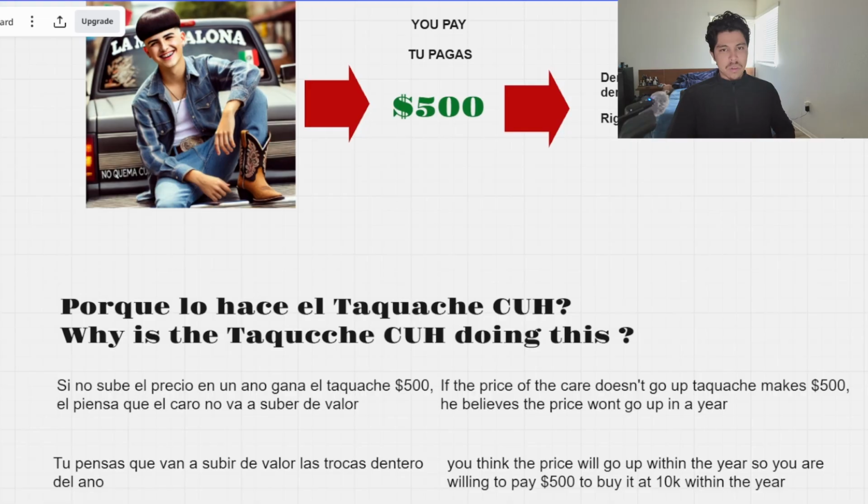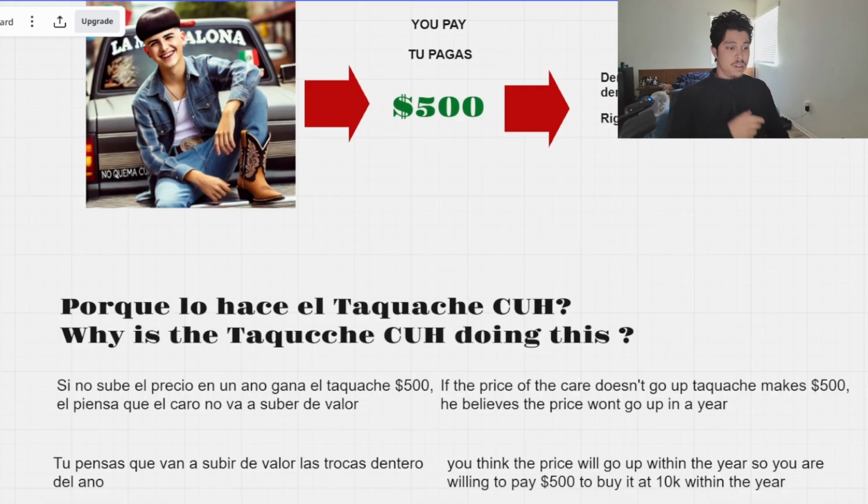So, the Taquachica basically made $500 because he believed that the truck wouldn't sell at that price, and he sold you that contract. But your dad, he thinks that the price of the Silverado is going to go up. So he's willing to pay $500 now so he can buy it at $10,000 any time within the year.